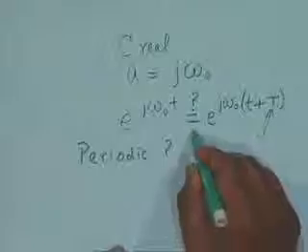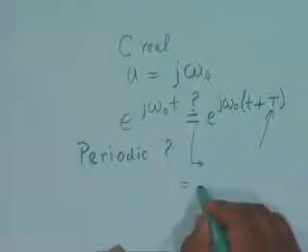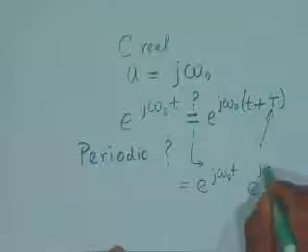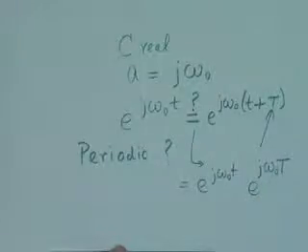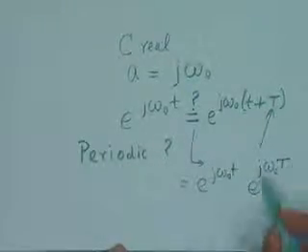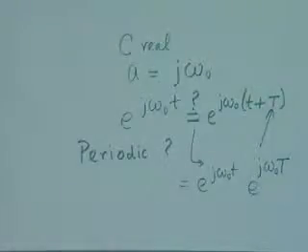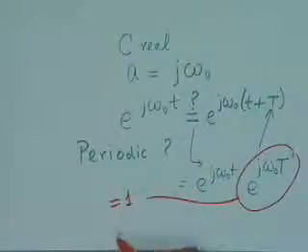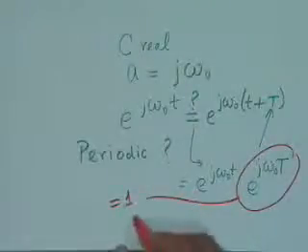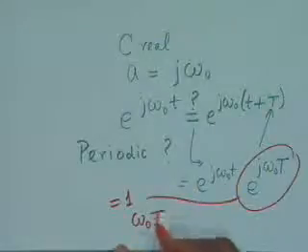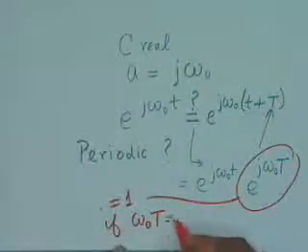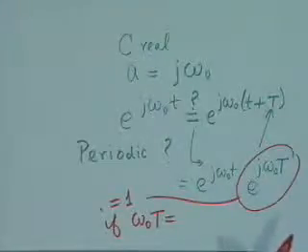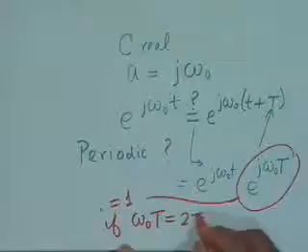If you simplify this, it becomes e to the power j omega 0 t multiplied by e to the j omega 0 capital T. And what we need is that this factor e to the j omega 0 capital T should be equal to 1. Obviously, this is equal to 1 if omega 0 T is equal to an integral number of 2 pi's, that is 2 pi m.